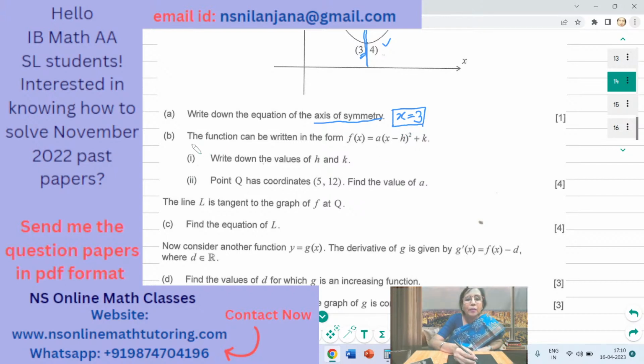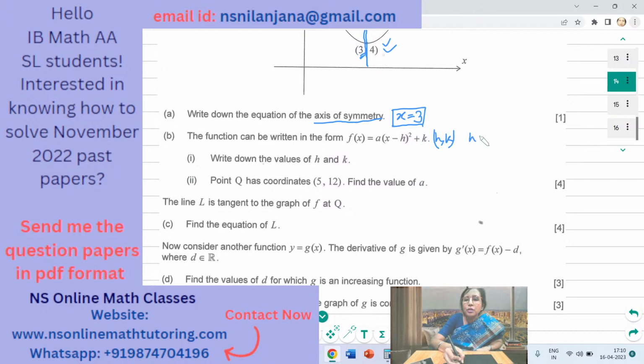Part B, the function can be written in the form f(x) equal to a times (x minus h) whole squared plus k. This is the vertex form of a quadratic function, where (h, k) are the coordinates of the vertex, and we are seeing the coordinates of the vertex are (3, 4).